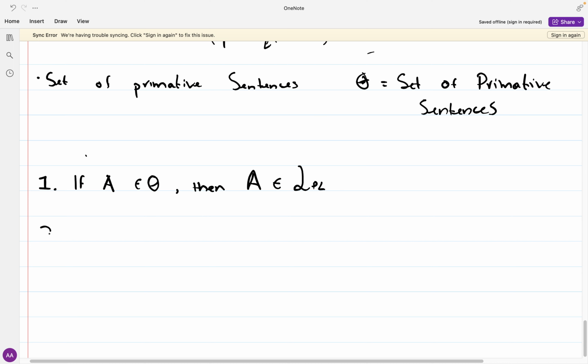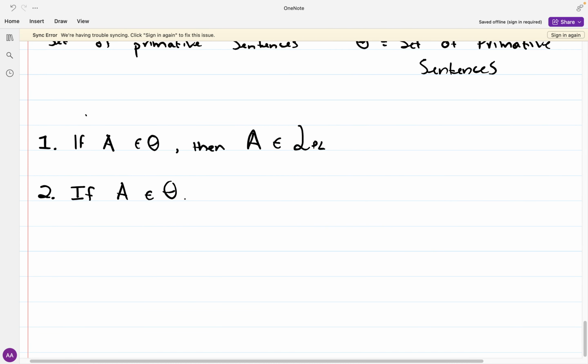We then can go on to say that, as a result of this fact, if this sentence is a member of the class of all things that are primitive sentences, then at the same time, not only is it a member of the language of propositional logic, but so too is the negation of a member of the language of propositional logic.